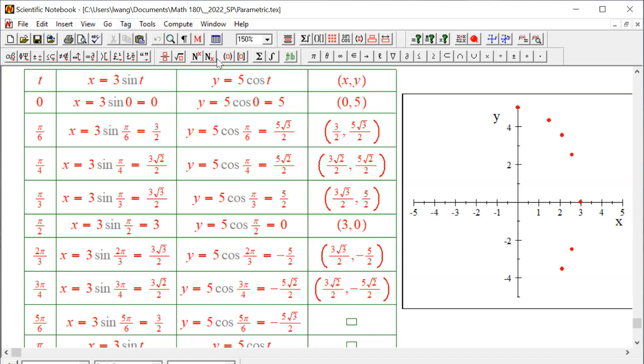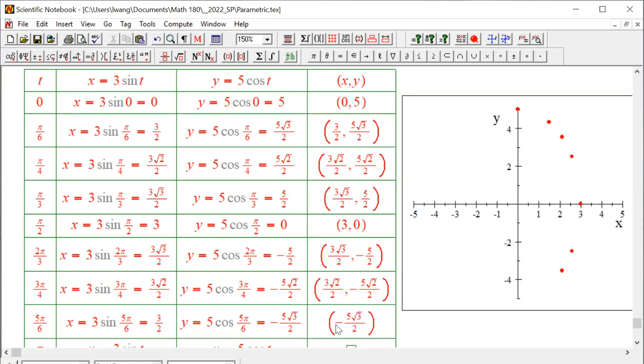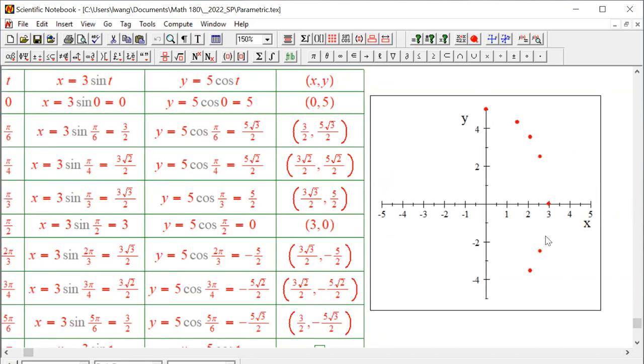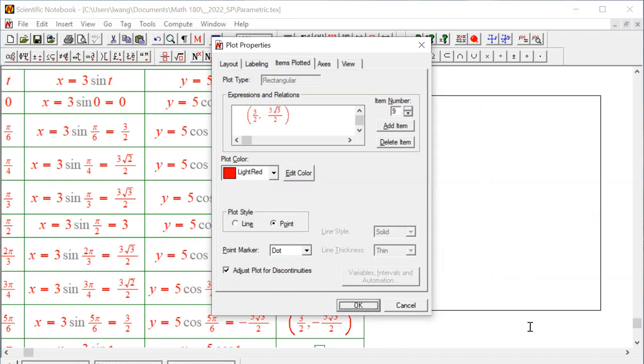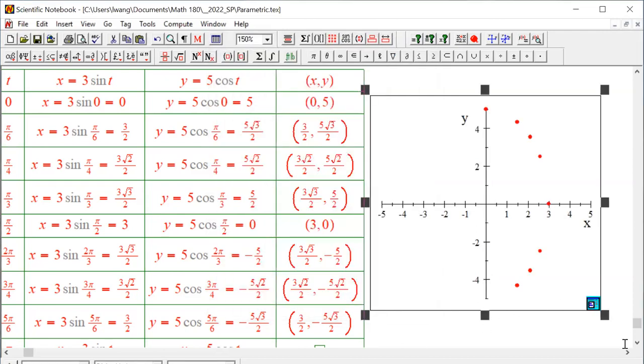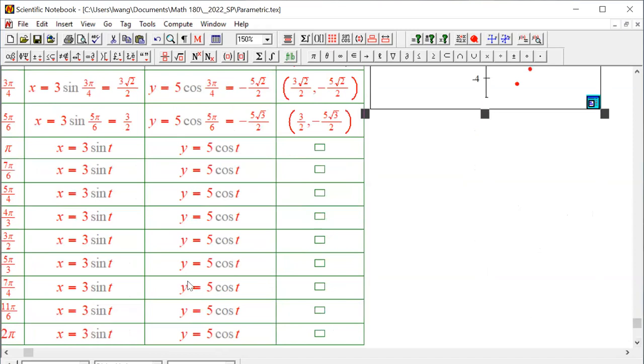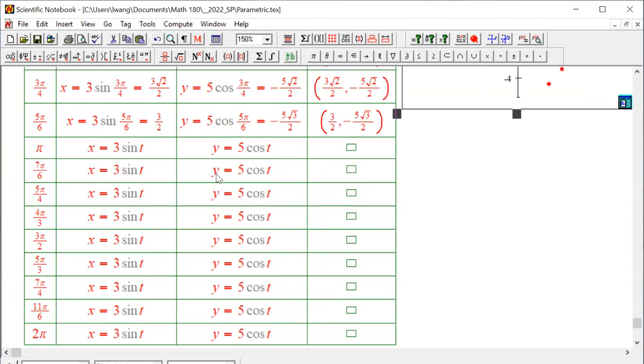So by this time, we get another point, the y and the x. There we go. I'm going to put the point on the graph. So we already see half of the ellipse.